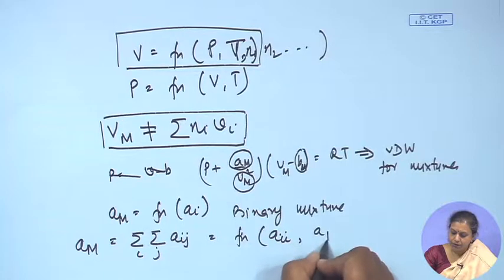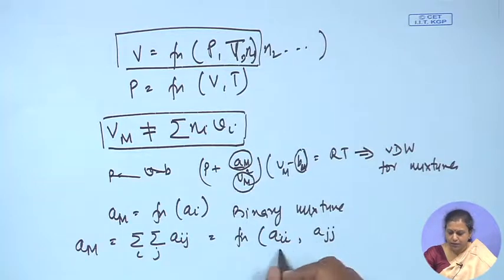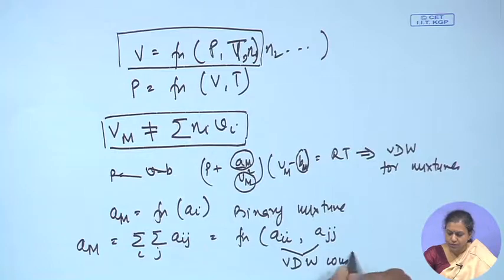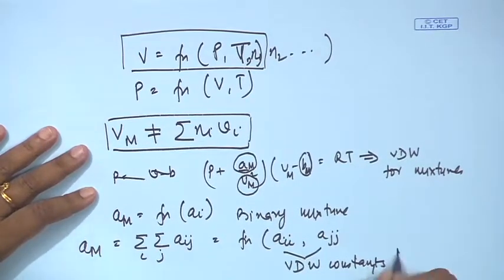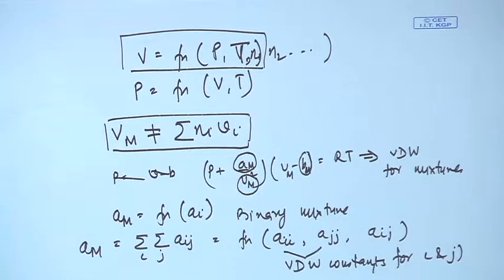It should be a function of Ajj, which again arises due to the interaction between the molecules of j. These two can be obtained from the van der Waals constants for component i and component j, but apart from that we would also have Aij. What is this Aij? This takes into account the interaction between molecule i and molecule j.